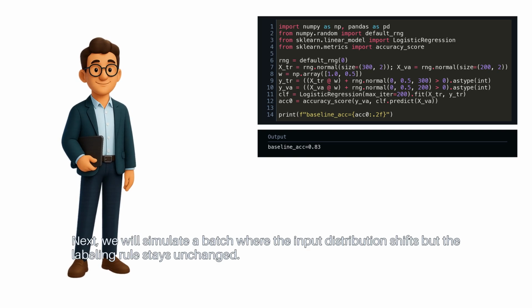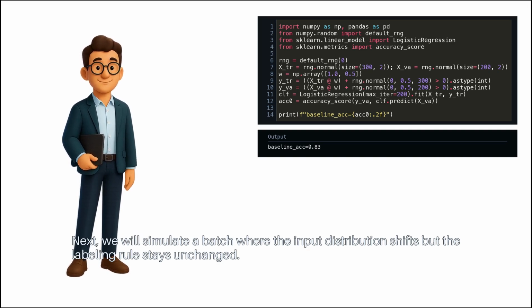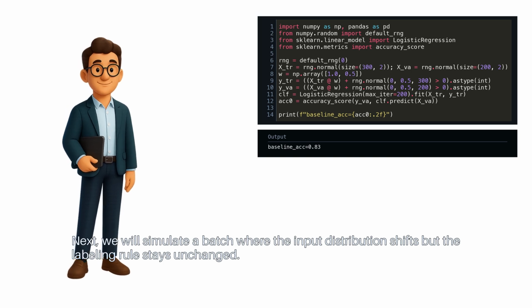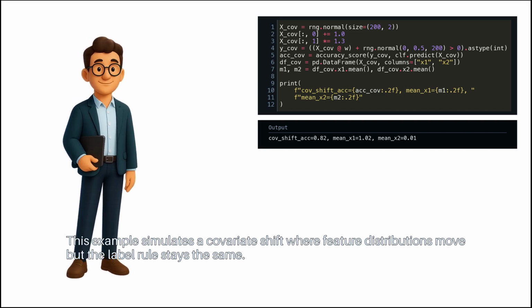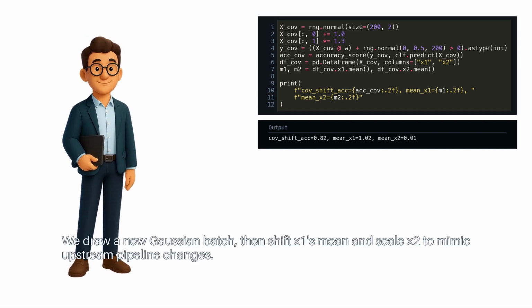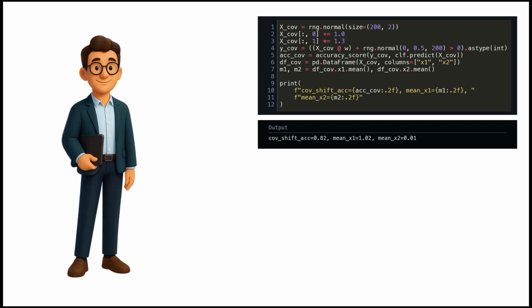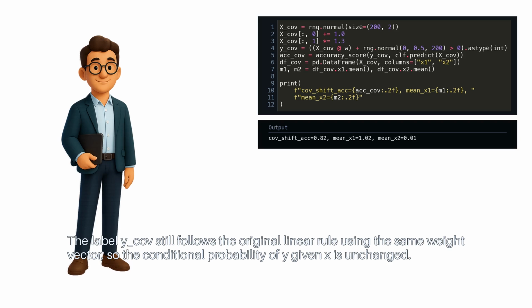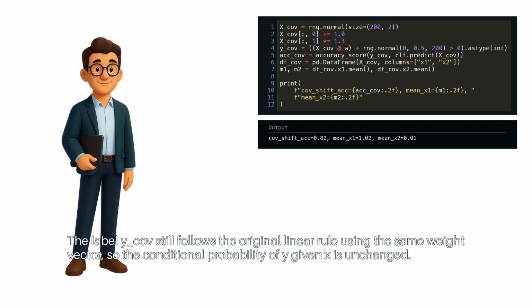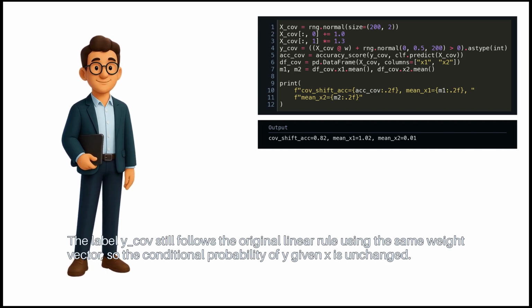Next, we will simulate a batch where the input distribution shifts, but the labeling rule stays unchanged. This example simulates a covariate shift where feature distributions move, but the label rule stays the same. We draw a new Gaussian batch, then shift x1's mean and scale x2 to mimic upstream pipeline changes. The label y-cov still follows the original linear rule using the same weight vector, so the conditional probability of y given x is unchanged.